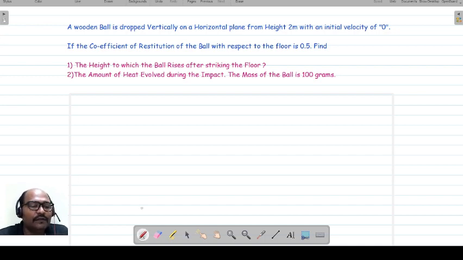So here we will initiate with this concept. The question is that a wooden ball is dropped vertically on a horizontal plane. Then definitely at that moment the total kinetic energy achieved will come from the potential energy of that ball when it is kept at h1 height.